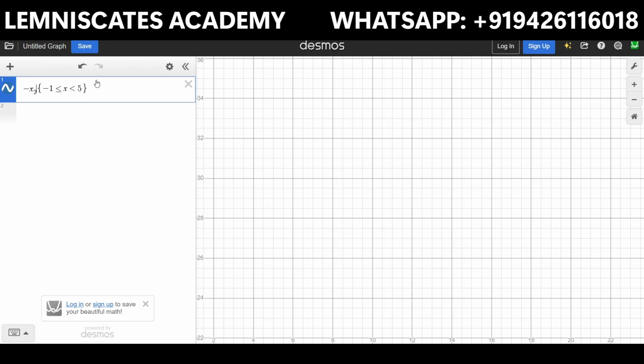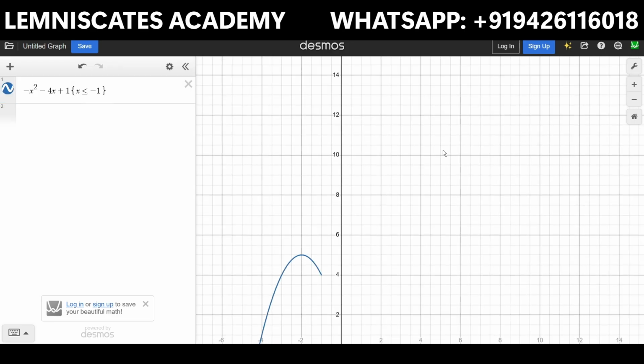Minus x square, then minus 4x plus 1 for x less than or equal to minus 1. Let's see how the graph looks like.